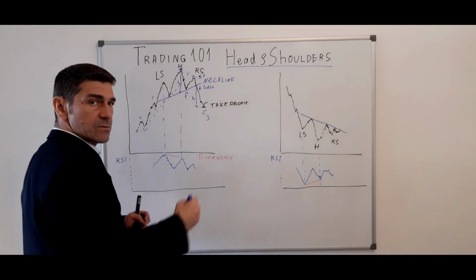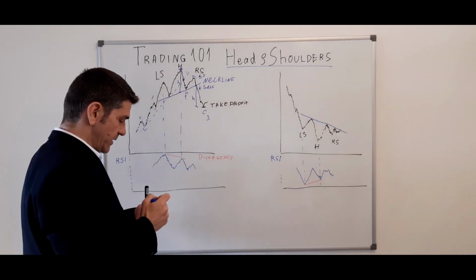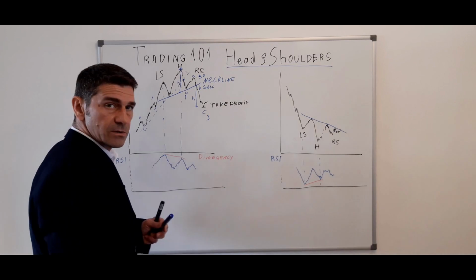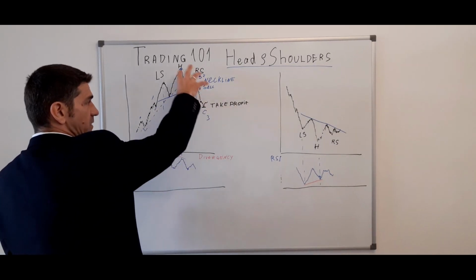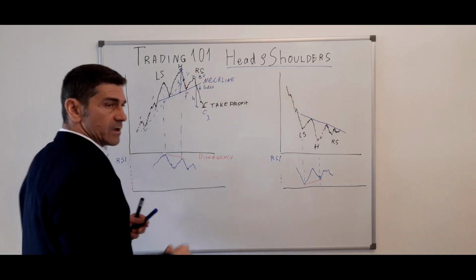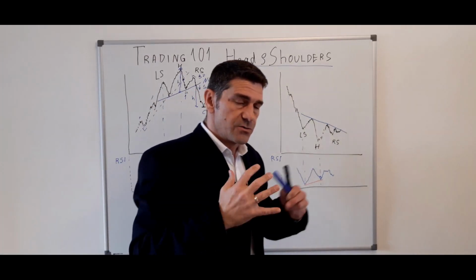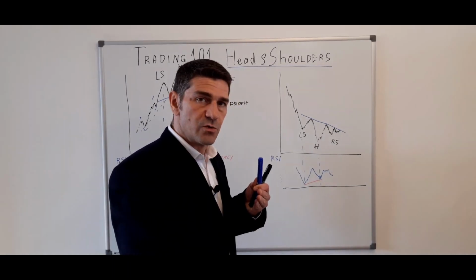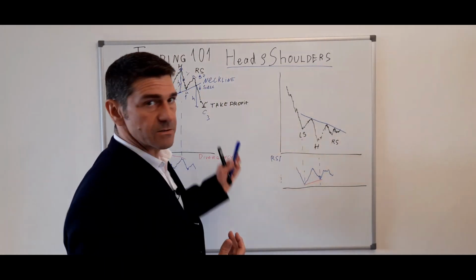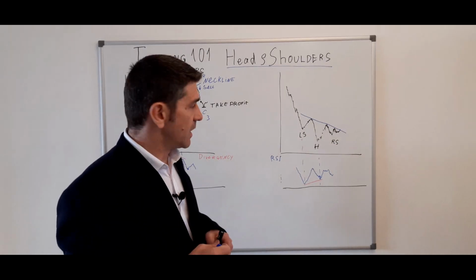In both cases, we are not sure what is going to happen from this moment in the future. But in both cases, in this wave, there is a huge amount of energy. In other words, there will be a huge movement, and we have to use this movement to take some profits.